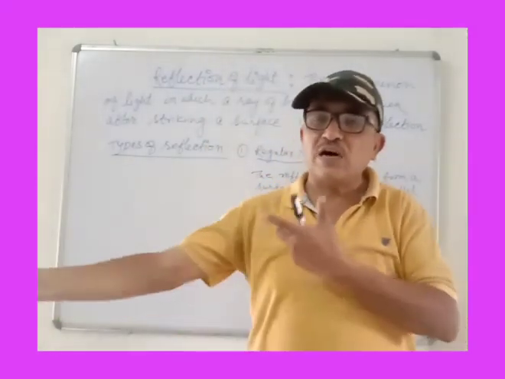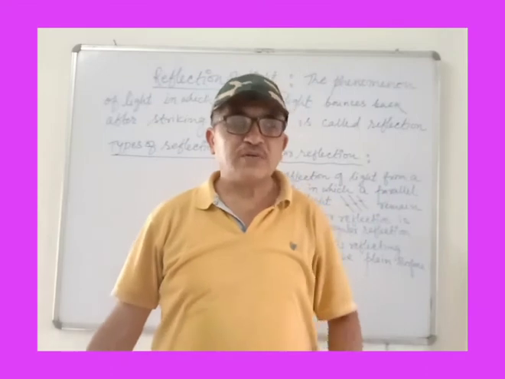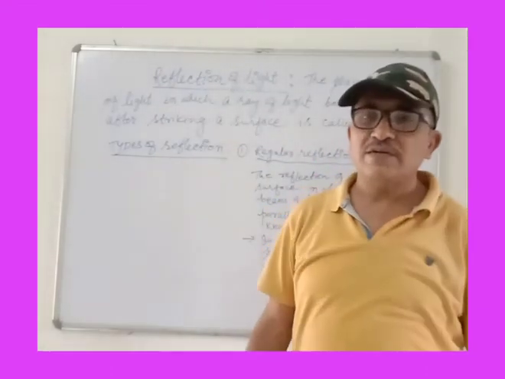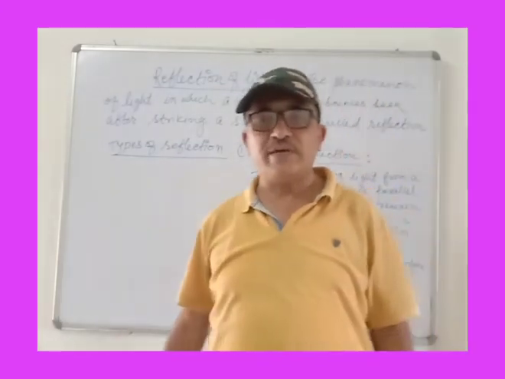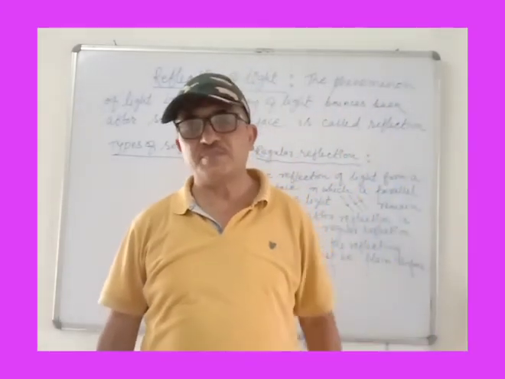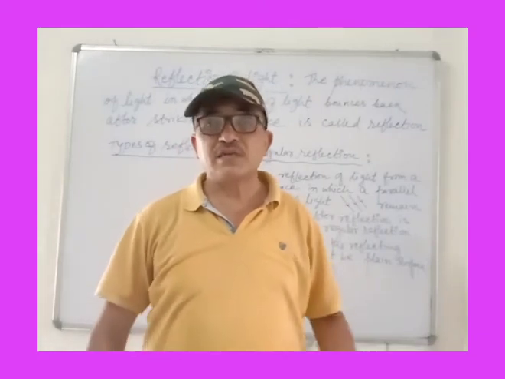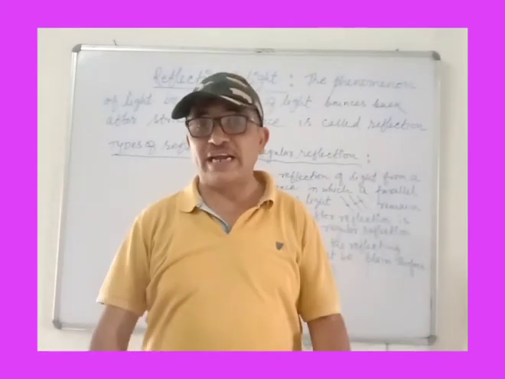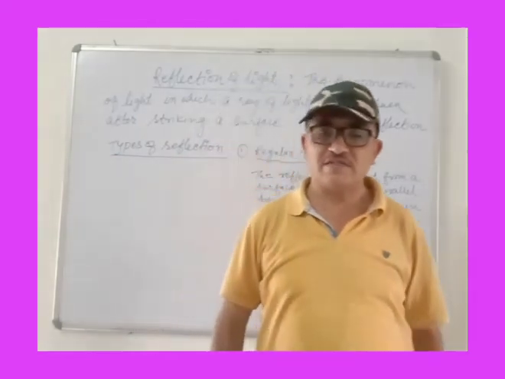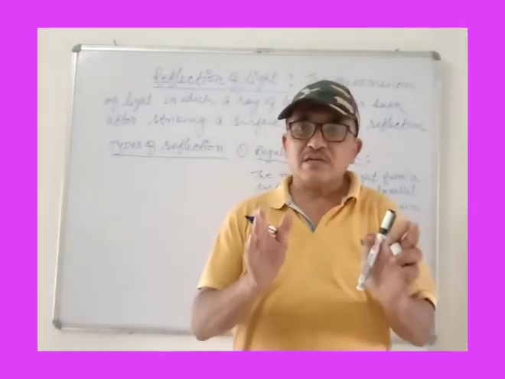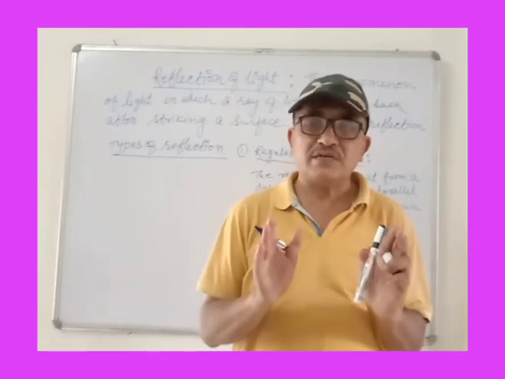You are standing in one corner of the room, you can see the photographs hanging on the wall from any side, from any direction, you can see the same picture. But if you stand in front of a plane mirror, you have to stand exactly in front of the mirror.